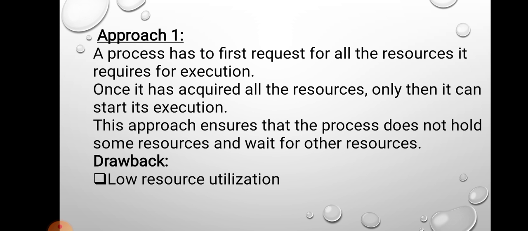A process that needs resources may have to wait indefinitely, infinitely waiting for that particular resource. This is the drawback of this approach.